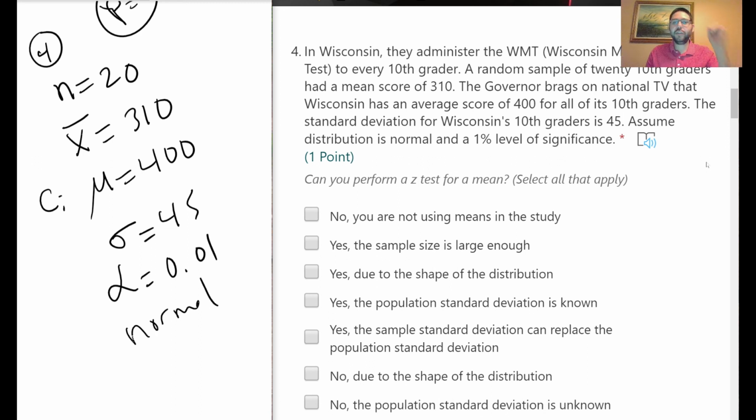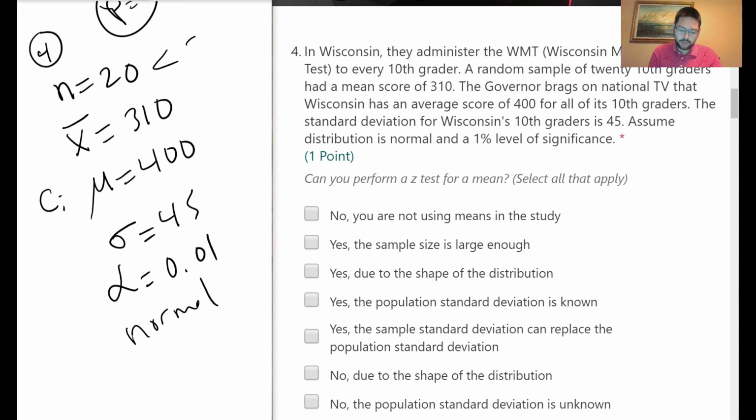Okay, so that's the information that we have. Can we perform a z-test using this information? Well, first off, n is less than 30, so we can't use the z-test based off of that alone. However, they do tell us that it's normal, so that's good. And we know the population standard deviation. Therefore, we can go ahead and use the z-test.